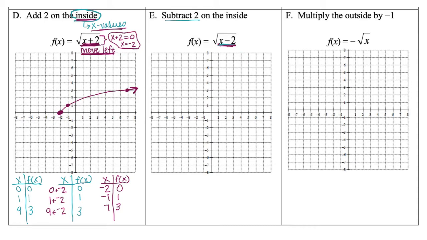But again, what's going on? So we're going to take x minus 2, set that equal to 0, and notice that we really need to add a factor of 2. So this is telling us that we need to move to the right.